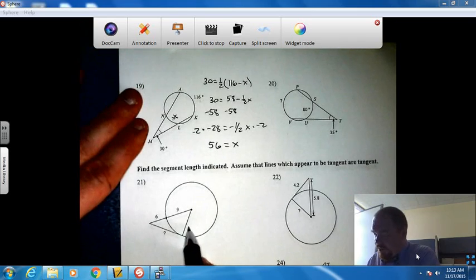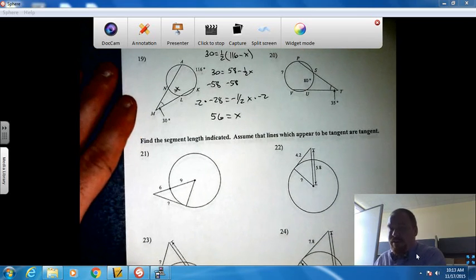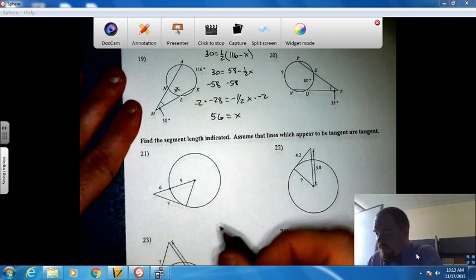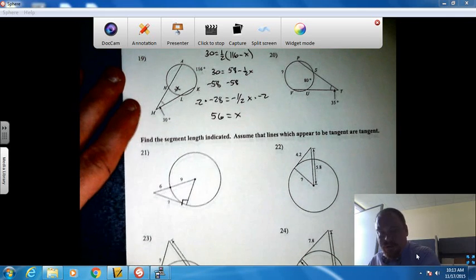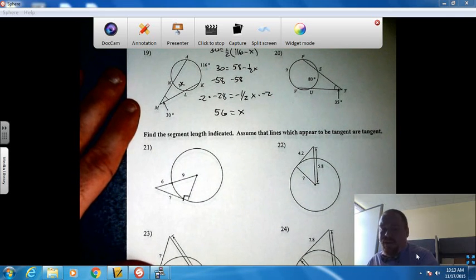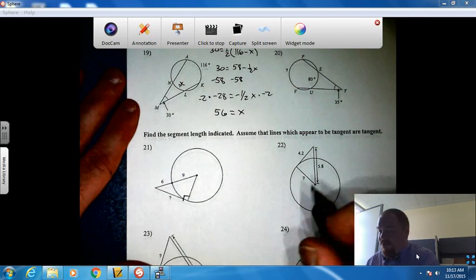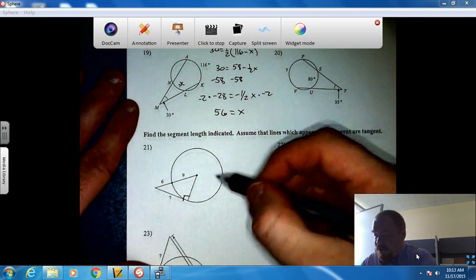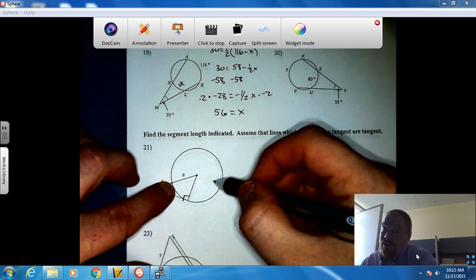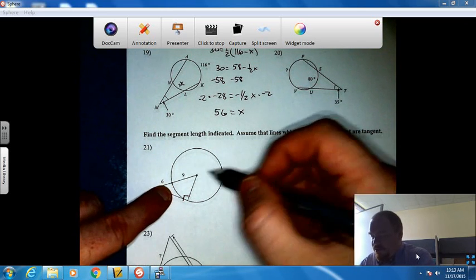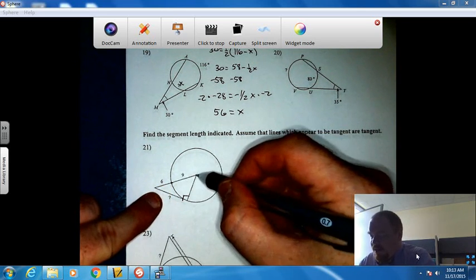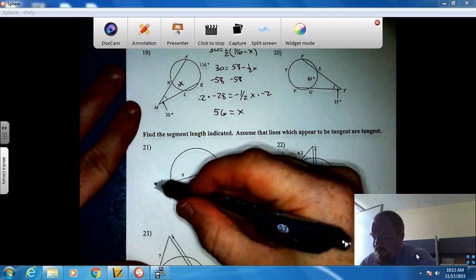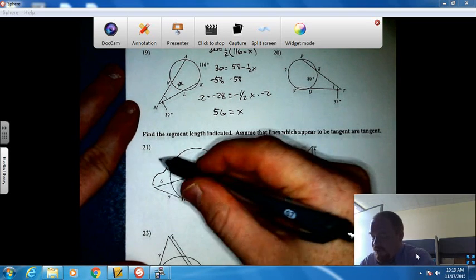Down here, okay, what we need to remember is that a radius drawn to a point of tangency forms a right angle. Another trick that we need to remember is that every radius is congruent, okay, within the same circle. So if from here to here is 9, that means from here to here is 9. So all together, that's 15.